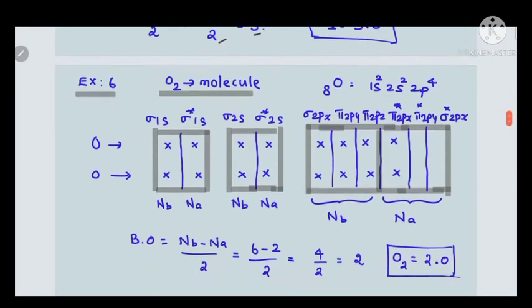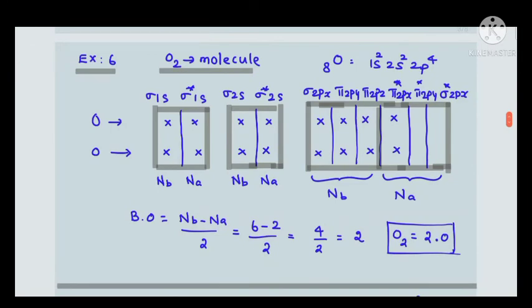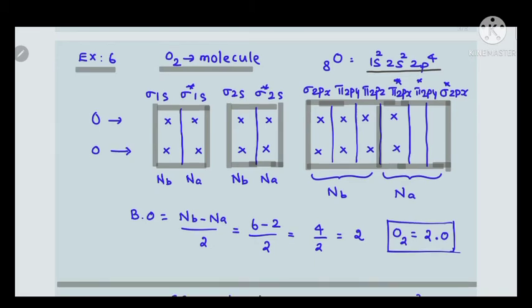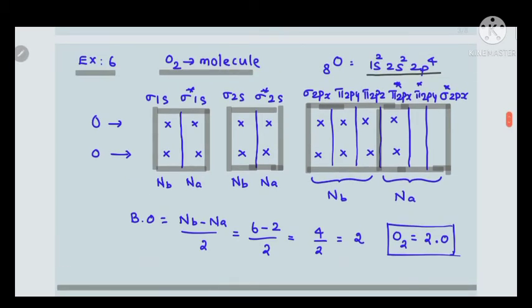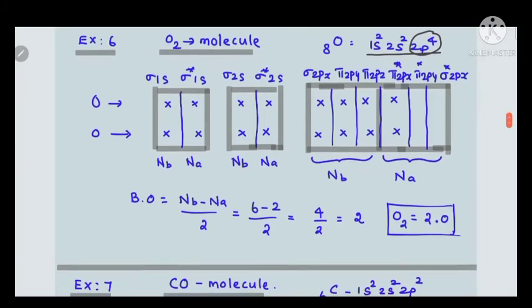Then the other example, the oxygen molecule. Oxygen atomic number is 8, so the electronic configuration is 1s2, 2s2, 2p4. This is the molecular orbital diagram in simple format. In oxygen there are 4 electrons in the p orbital of each atom, so totally 8 electrons in the p orbitals together.